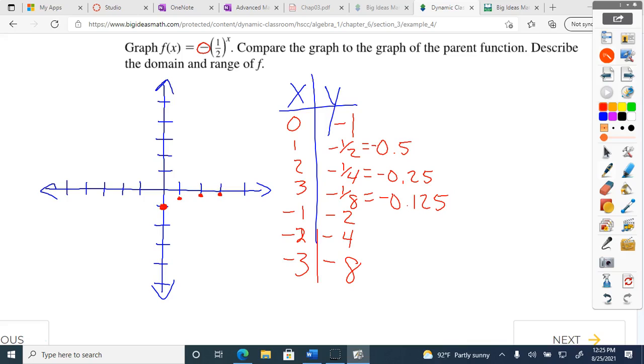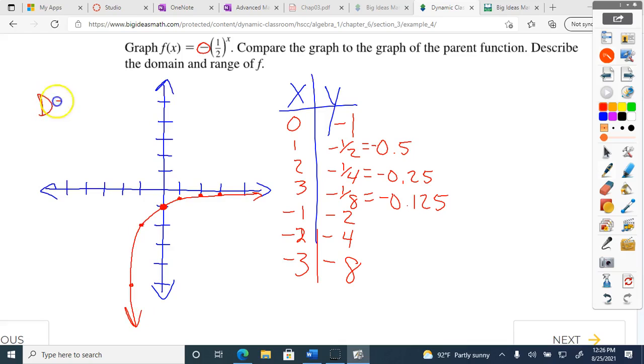The 0, right? -1, -2, -2, -4. And I'm not going to worry about doing the last one because I don't have room. So there's my graph.